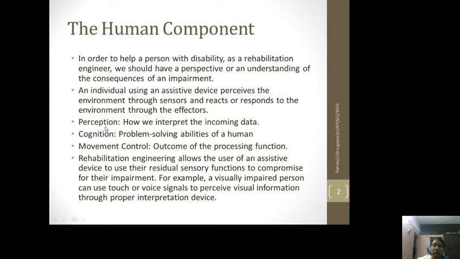Now, cognition means the problem solving ability of the human. For example, if I'm riding a bicycle, I see a pit in the road, which is very common to us, isn't it? So I see a pit or a hole in the road. Immediately, if I'm riding my bicycle at a very fast pace, my brain quickly processes the information.